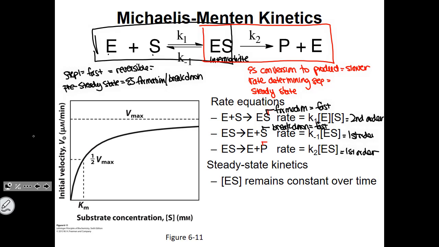Because this breakdown is so slow, it's the rate determining step, and really the reaction that we're going to look at when we measure enzyme kinetics. Or we'll say that this dictates the overall rate of the reaction under steady state conditions.